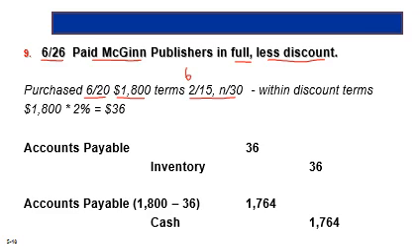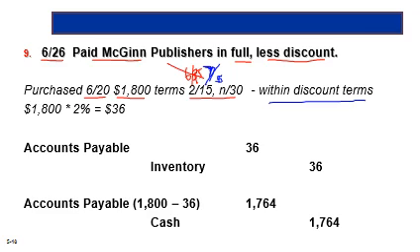So 6/20 plus 15 days, that would be 6/35, which isn't a real date. So that would be 7/5. So this due date was July 5th. And our payment was July 26th, so we're within the discount terms.